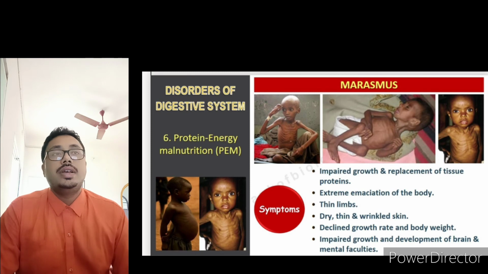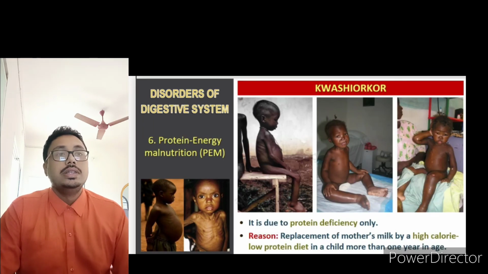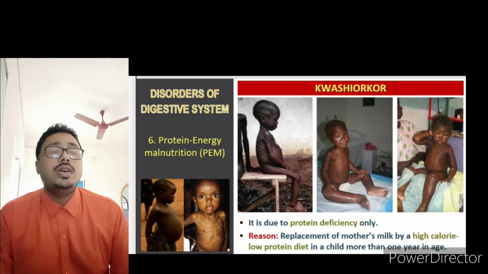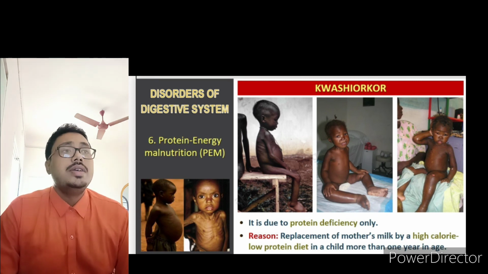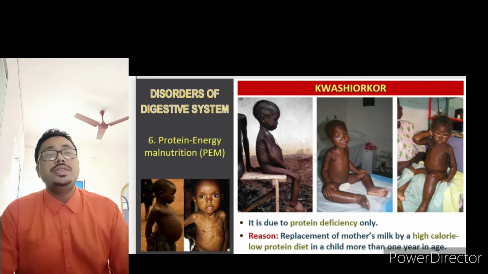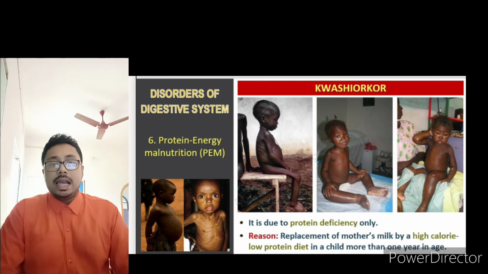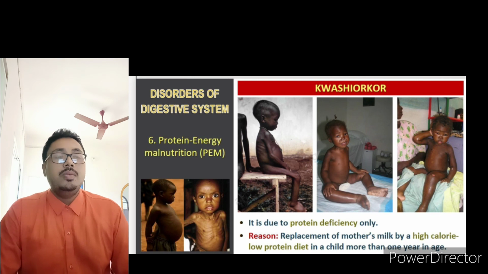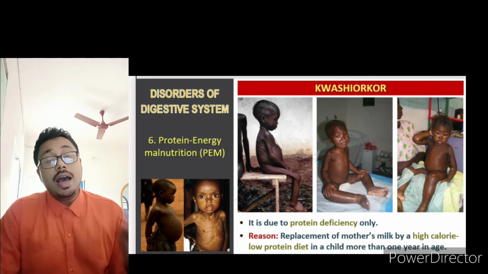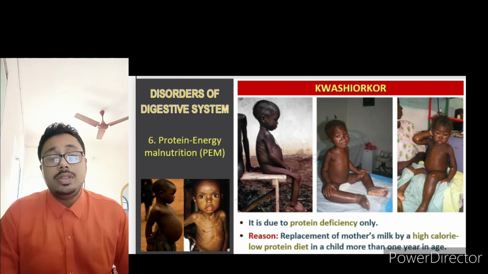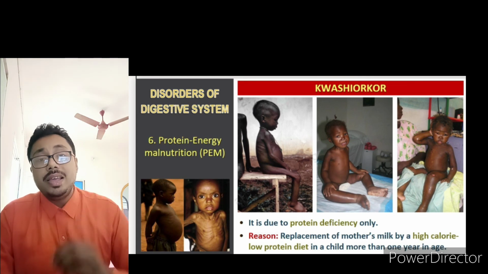Next is kwashiorkor. It is due to protein deficiency only, not calorie deficiency, protein deficiency. The reason, again, is replacement of the mother's milk by a high calorie, low protein diet in a child more than 1 year in age. So mother's milk is the best food for a child. You should not replace the mother's milk.